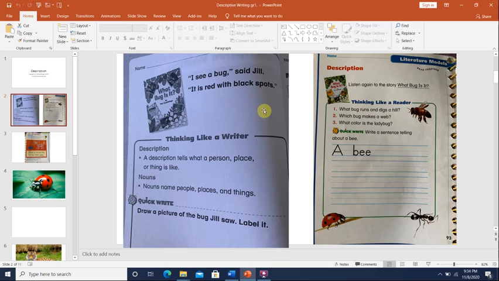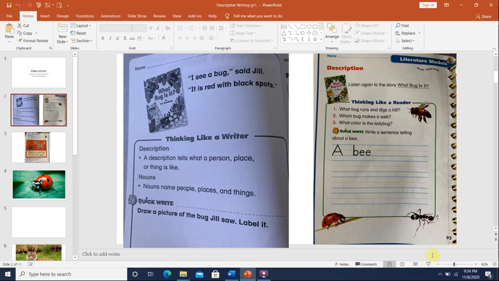with black spots. So if we go to page 93, it says, listen again to the story. What bug is it? What bug runs and digs a hole? As we read about nouns, we also read about a bug that runs and digs a hill. What bug would you think that usually runs and digs? Here we have three examples.